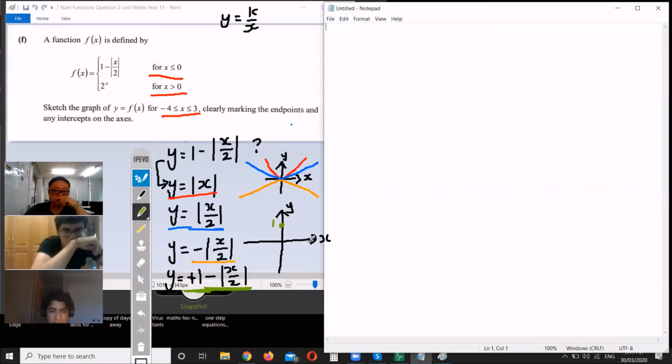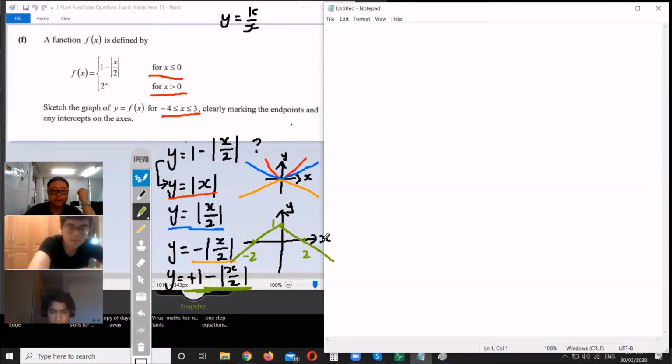When y equals 0, x is 2, and also -2. So it's kind of going to look like that.